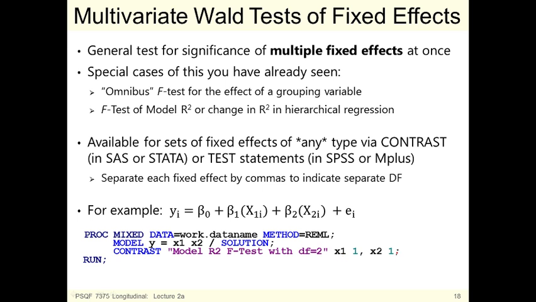So in this type of SAS code, when you list X1, what you're actually listing is its beta. You're referring to beta 1 in the equation here when you list X1. Similarly, when you list X2, you're referring to beta 2. So you're asking for a joint test of beta 1 and beta 2, where it understands that it's supposed to be 2 degrees of freedom because you've separated these with a comma.